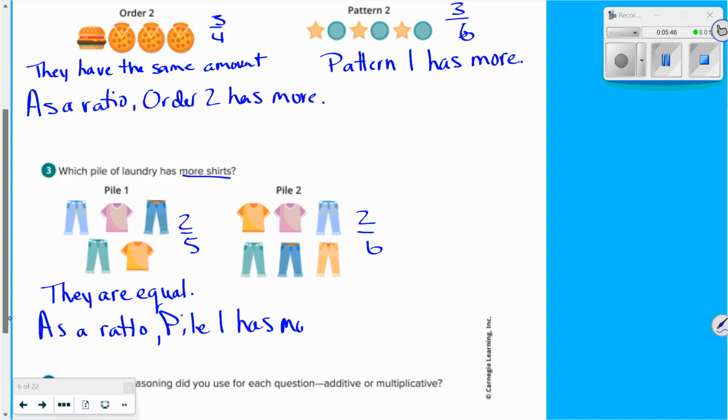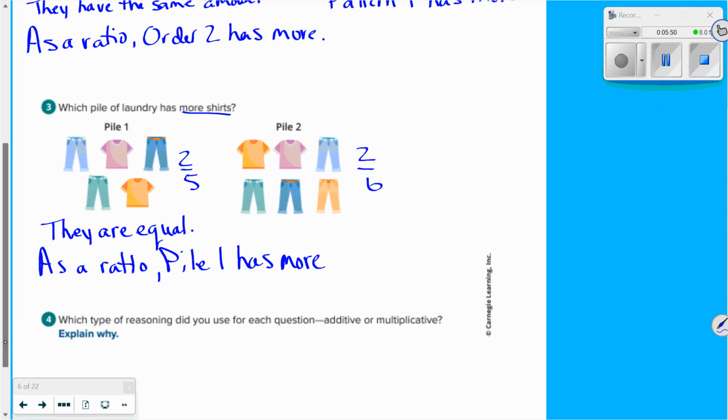So again, this is down to how are you thinking about it? Are you just looking at it? Additive reasoning shows that they're the same. Multiplicative reasoning will show the ratio, looking at the ratios. We're extending it out. Okay?